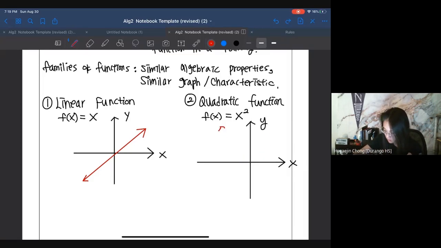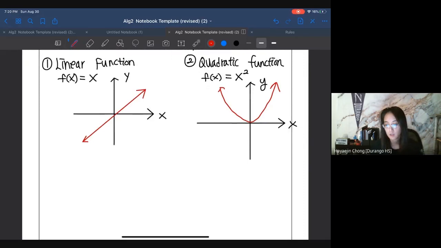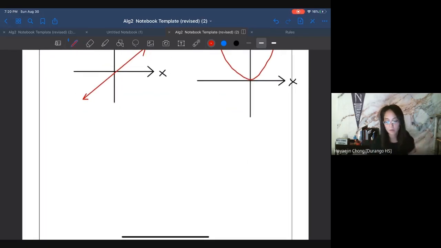Like that. It's a parabola, okay? So this is the parent function of quadratic functions, the most simple, basic graph of the quadratic functions. We are going to go over quadratic functions next unit. It will be an entire topic on that.